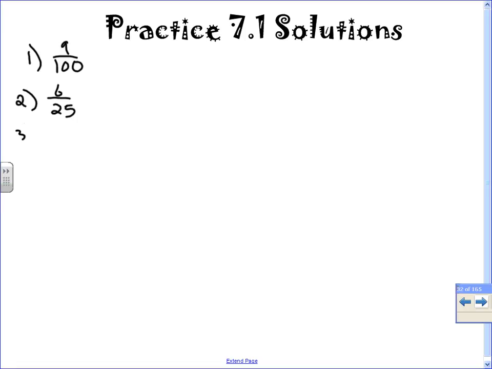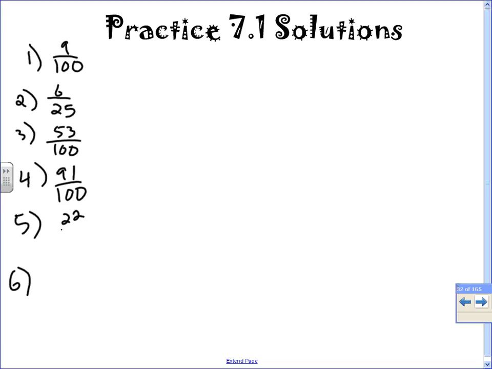Good. Sean, number 3. Good. Annalise, number 4. Perfect. Charles, number 5. Good job. Mary, number 6. Good job. Adam, number 7. Good. Emma M, number 8. Good. Jeremy, number 9.